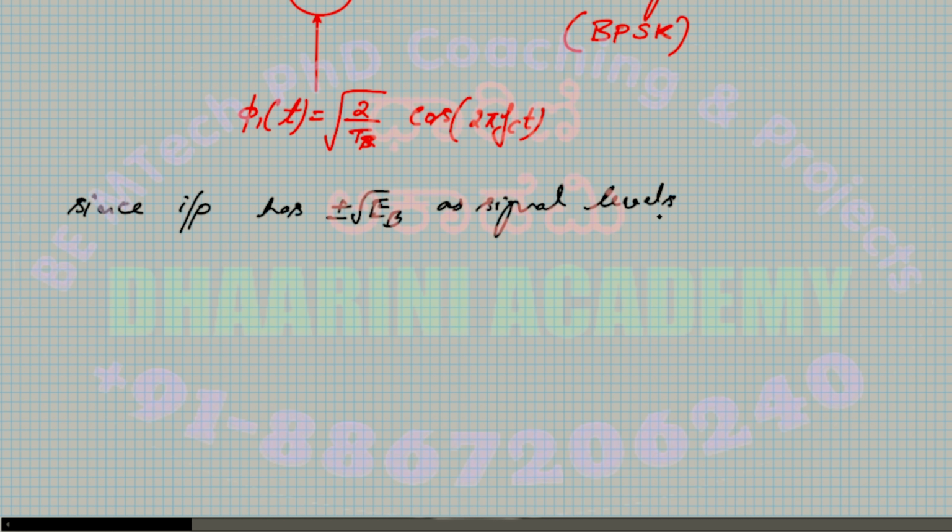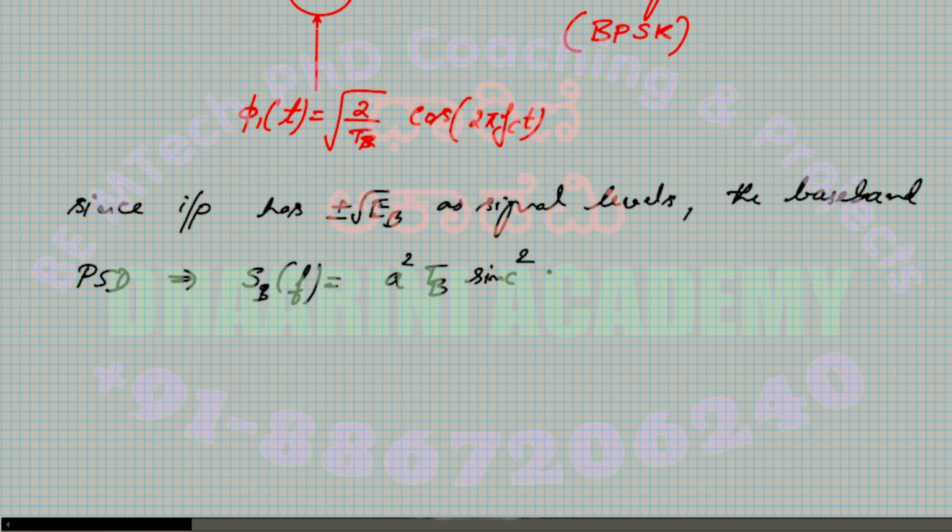So the baseband PSD is denoted by the same notation, SB of F, equal to A square TB into sinc square of F TB.